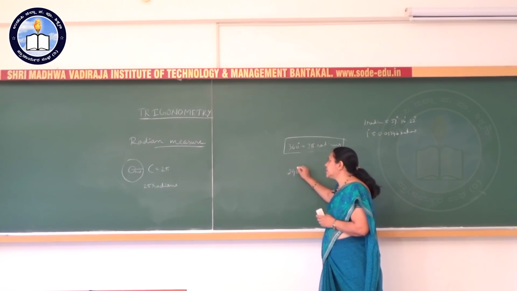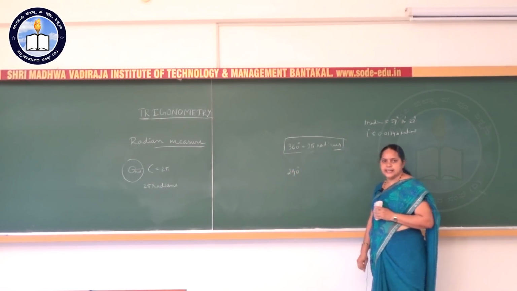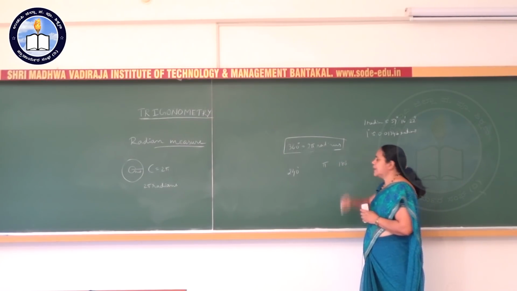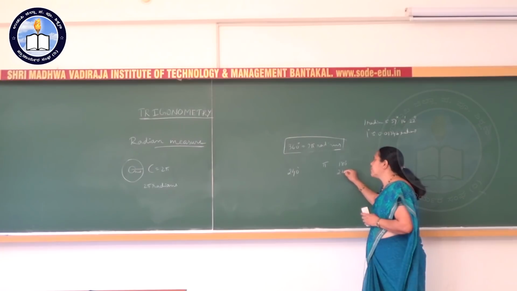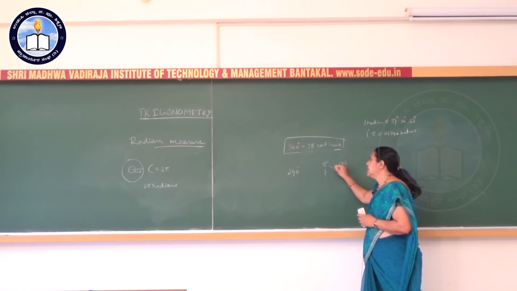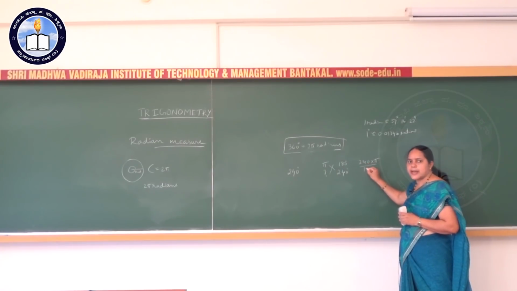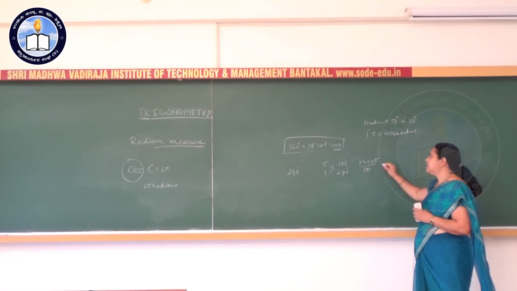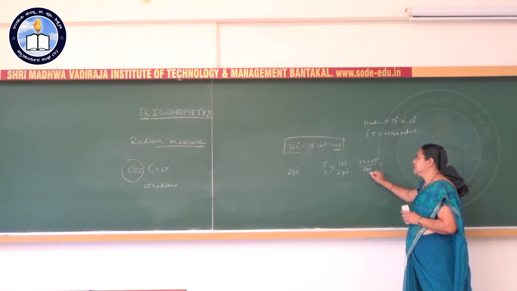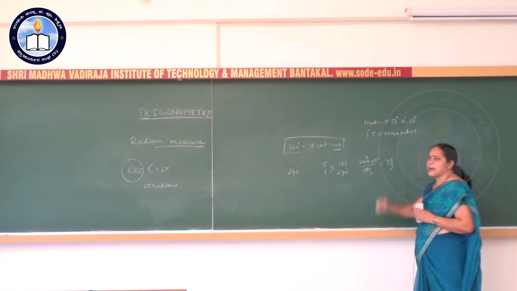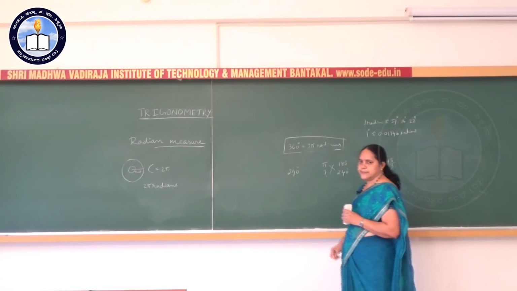What is 240 degrees in radians? We know pi radians is equal to 180 degrees. So what is 240 in radians? It is 240 into pi divided by 180, that's equal to 4 pi by 3 radians.